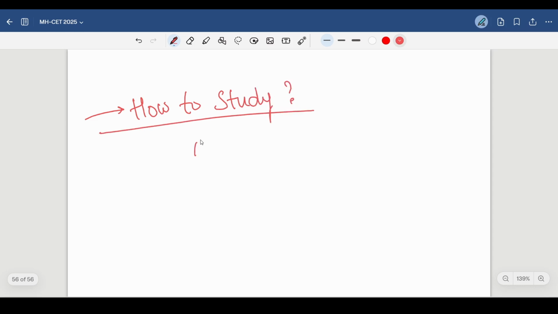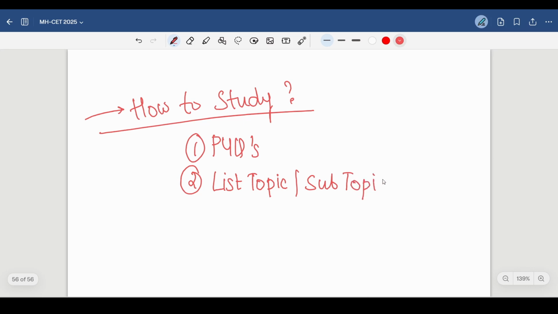First thing you will do is skim through the previous year questions. Secondly, you will make a list of topics and subtopics that have been asked in the previous year questions. Third, you will go through your primary resource.